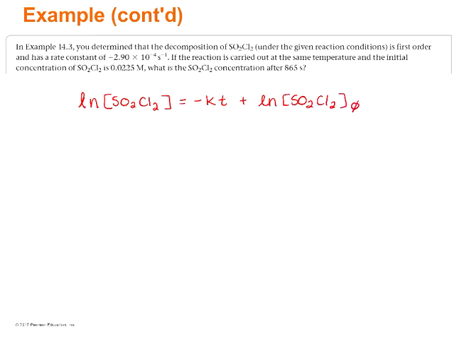Okay, so this is our integrated rate law for a first order reaction. And we already determined that this is a first order reaction. We also already determined the value of K.